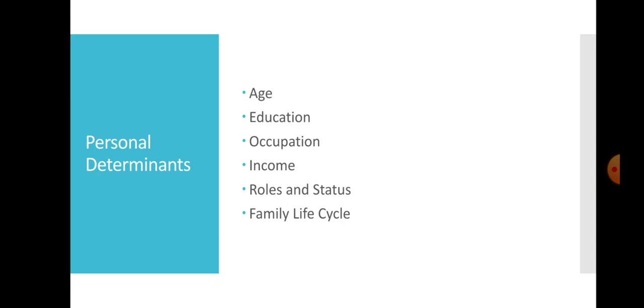The next variable in this category is roles and status. The role which a person is playing in his life greatly influences his buying behavior. If a person is in the role of a father, definitely whatever he purchases will be keeping in view his kids, his sons or daughters.